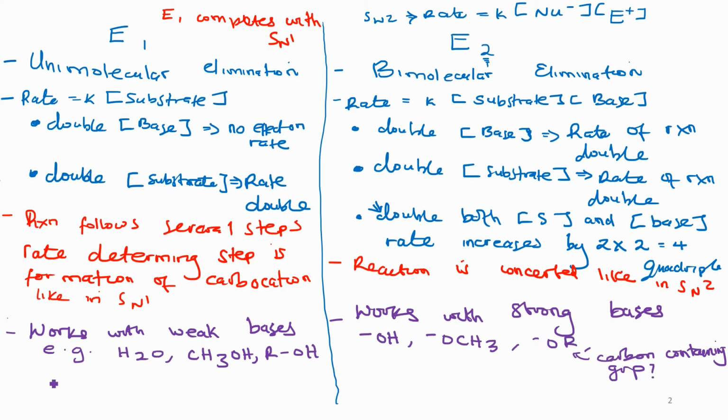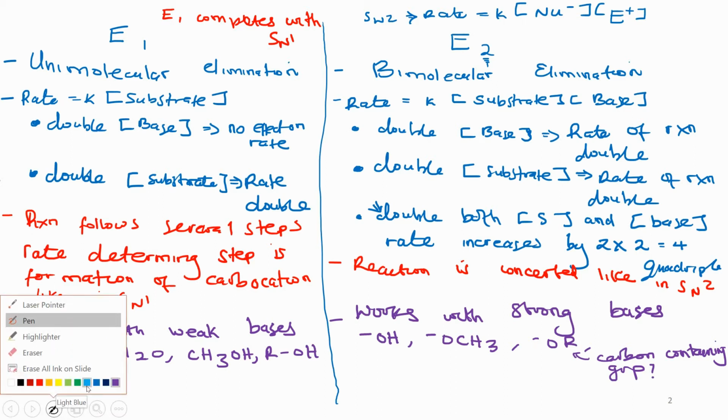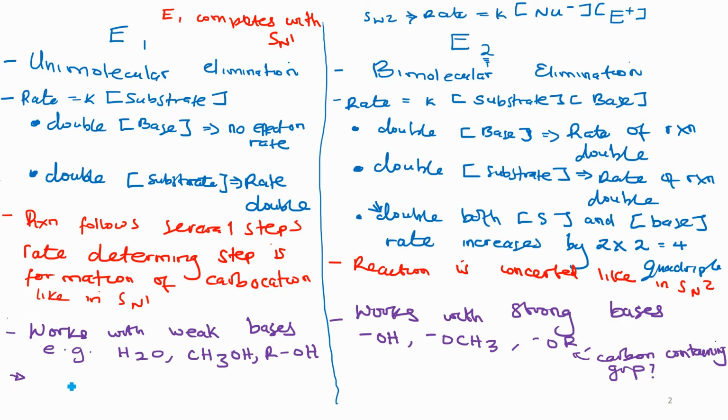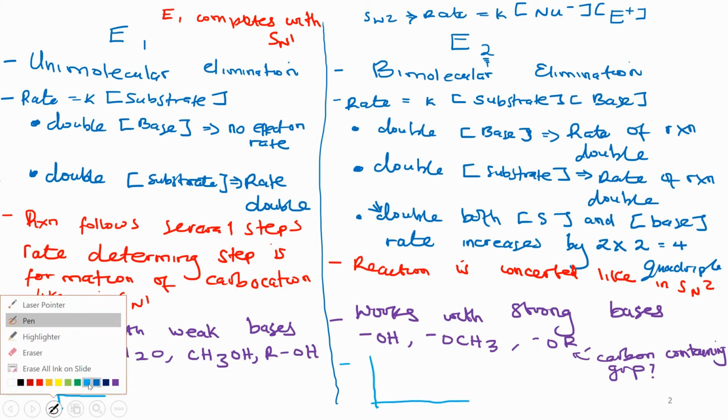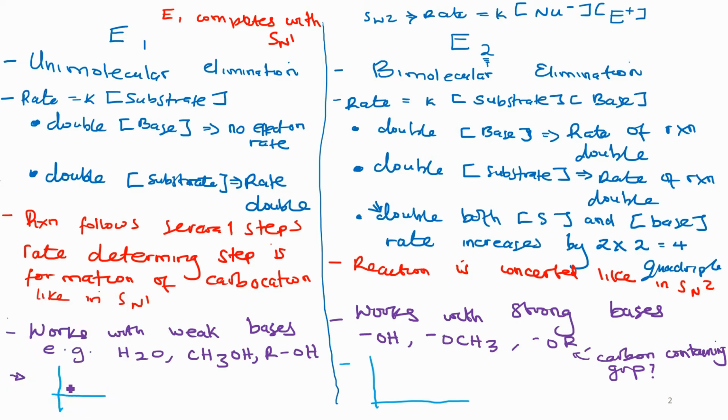Okay, so reaction rate profile. How will the graphs look? If you plot the graph for E1, because you're forming carbocations, versus the graph for E2, which is concerted, this is what you'll see.